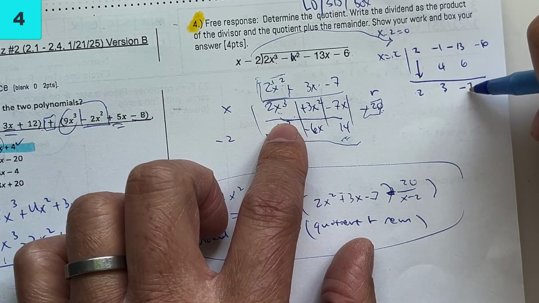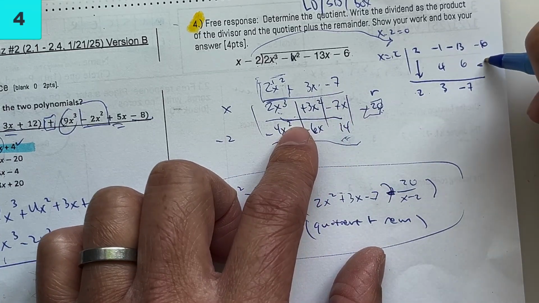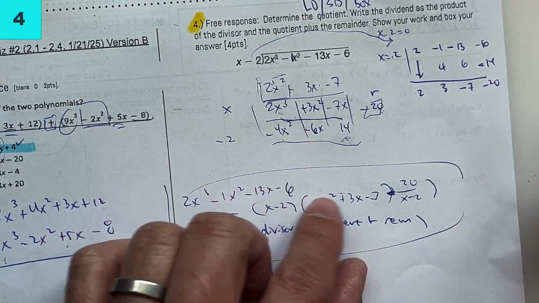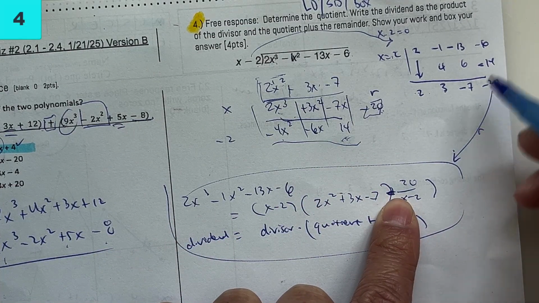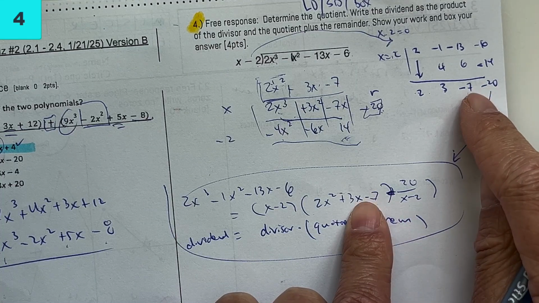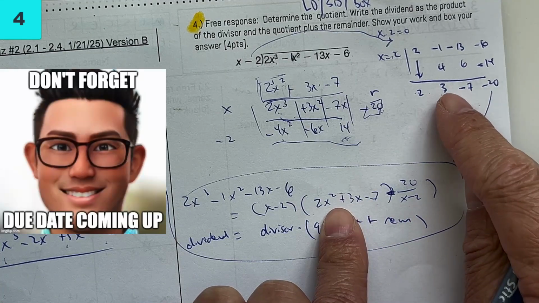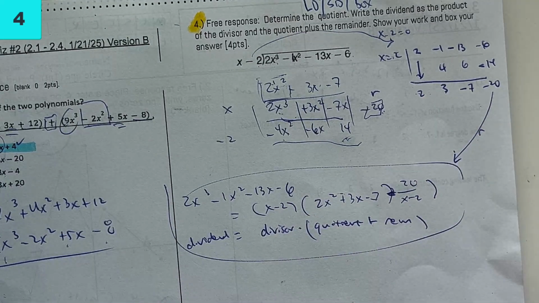That gives you, add down, -7. Multiply, -14. And you have -20. So this becomes my remainder. And then this is just the constant. This one you add an x, so this is called the linear term, and this would be the quadratic term.